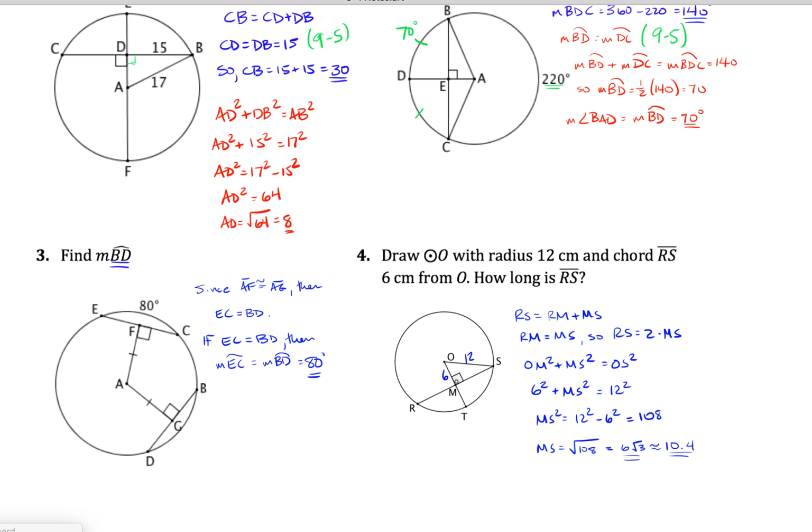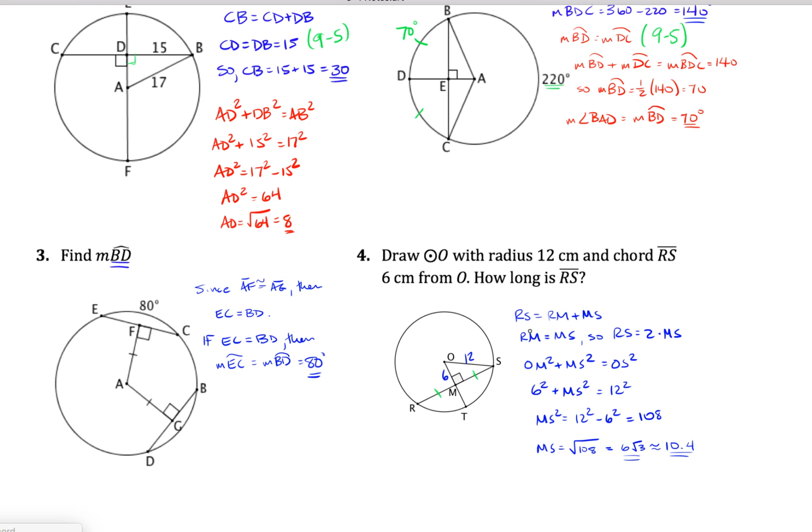And since we're measuring the distance from the chord to the center, that segment would be perpendicular to the chord. And since that is perpendicular to the chord, it would mean that it would bisect the chord. So these two parts would be equal.